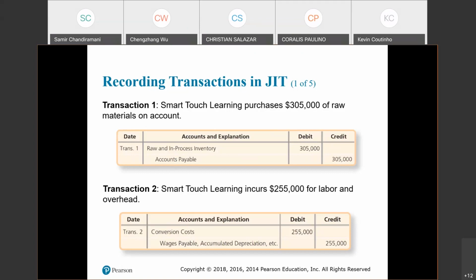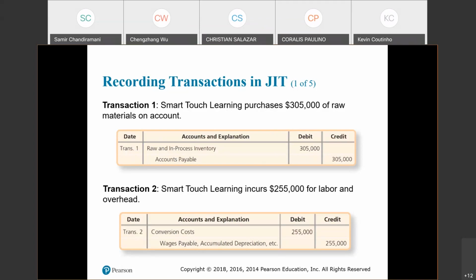Next, Smart Touch Learning incurs $255,000 for labor and overhead. To record these costs, as I said previously, in JIT costing, there's only one account related to incurred labor, that is conversion cost.